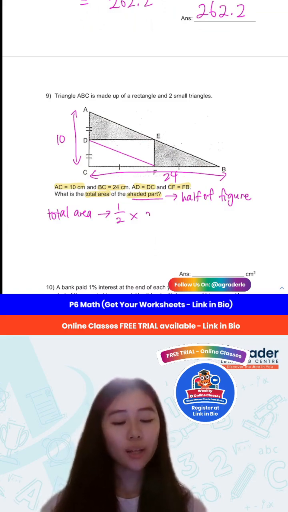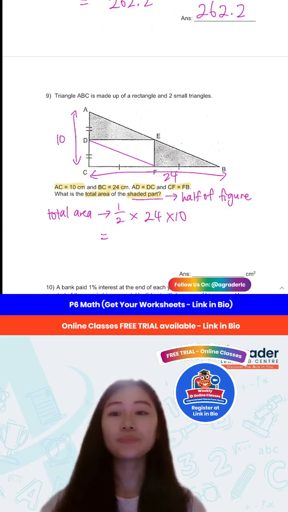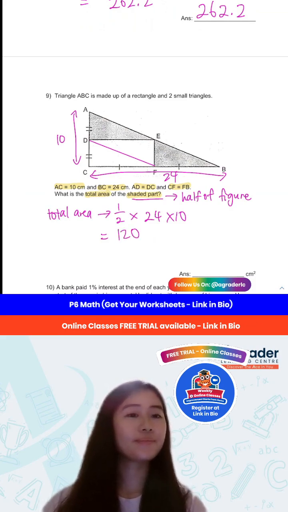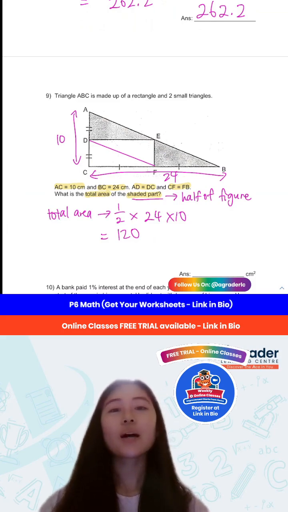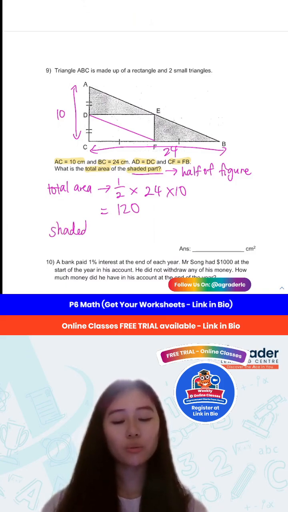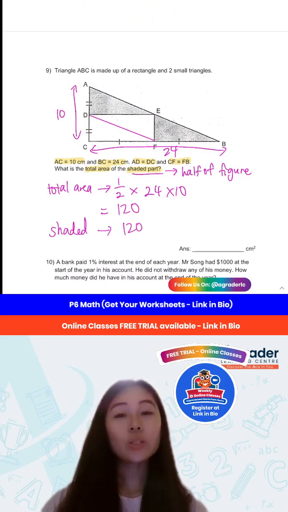So half times 24 times 10 will give you the total area. That is 120. After that, you just need to find half of this, which means you divide by 2. So I will use 120 divided by 2 to get 60.